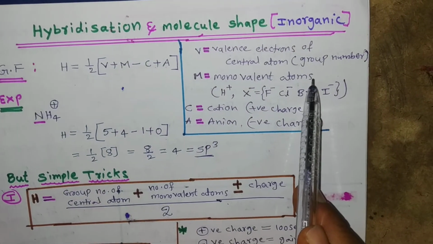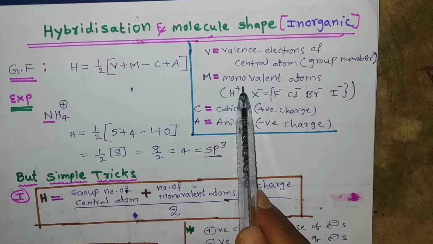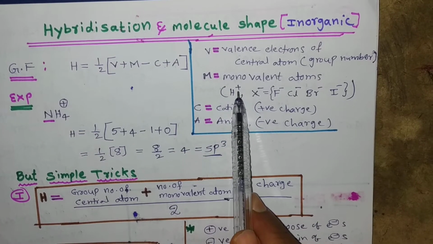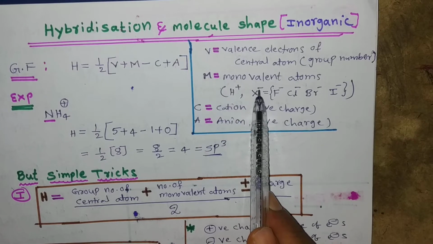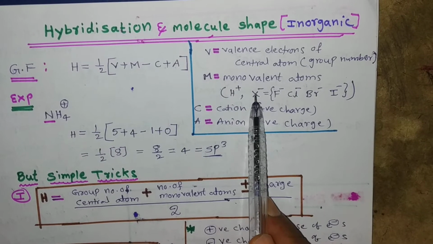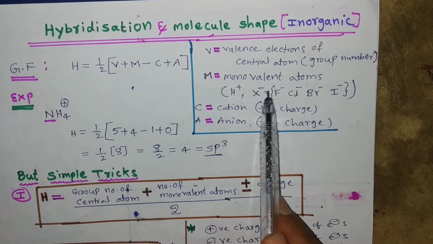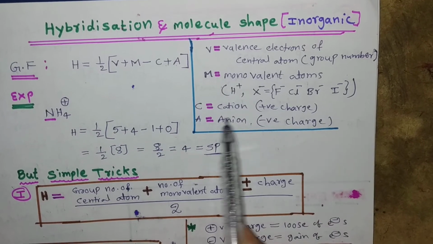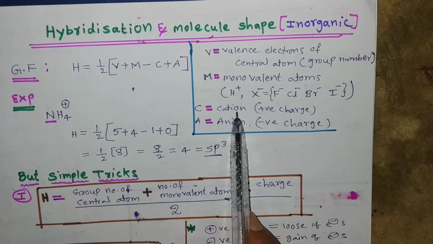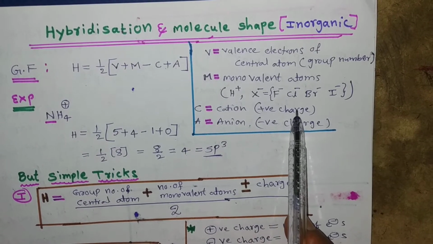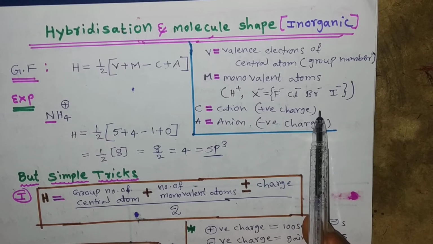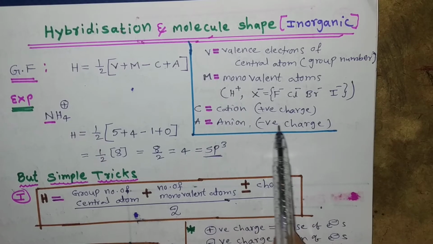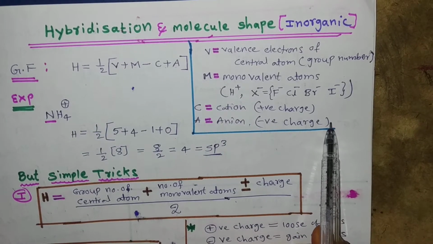M means monovalent atoms like H, X minus. X minus means halogen ions, F minus, Cl minus, Br minus, I minus. C means cation, positive charge, meaning remove the electron. A means anion, negative charge, meaning add the electron.